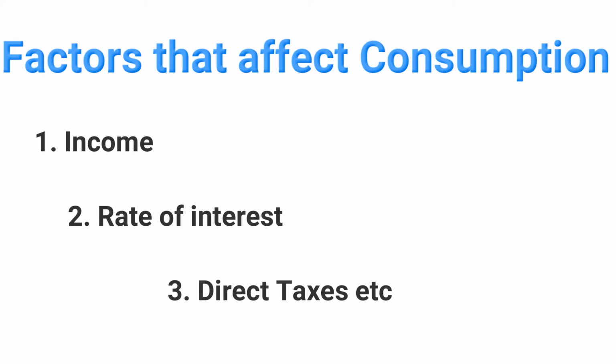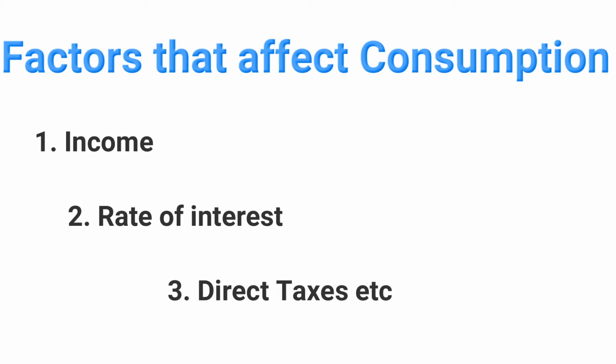Whenever interest on a loan is lower, consumers would be willing to get more loans from the financial institution because it is cheaper, so consumption will rise. On the other hand, if the interest rate is high, then consumers think that getting a loan from financial institutions is really expensive, so they will borrow less, and when they borrow less, their potential to purchase falls and their consumption will definitely fall.